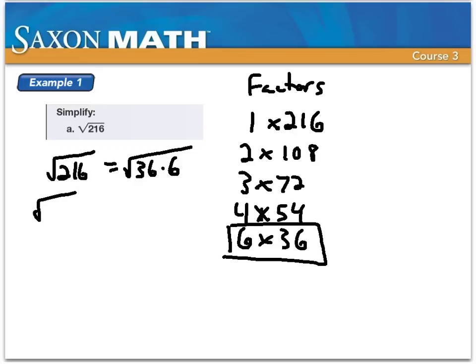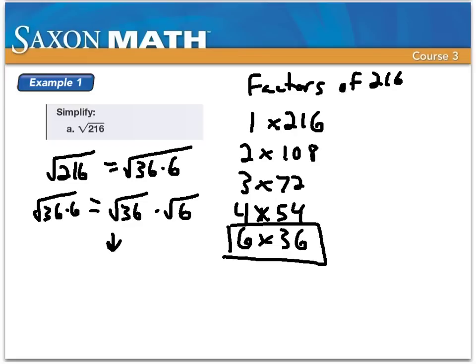So now I can say the square root of 36 times 6, which was the same as the square root of 216, is equal to the square root of 36 times the square root of 6. Okay, let me go ahead and write factors of 216 up here so I remember what I was doing. Well, now I know that I can break this apart and say the square root of 36, that's 6. And the square root of 6, I don't know what that is. So this is 6 times the square root of 6.